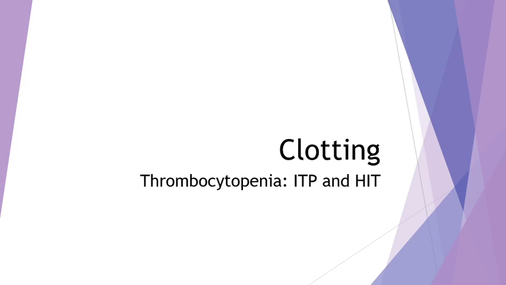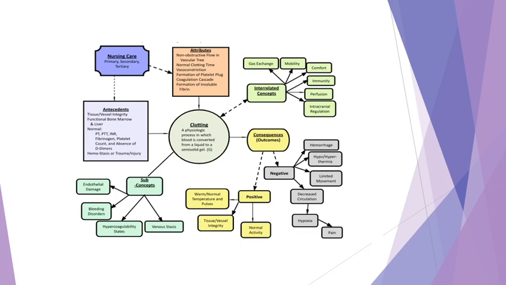So be sure and have your outlines ready so that you can take some notes as we go through our presentation here. So don't forget to look at the clotting concept analysis here: subcategories, positive and negative attributes, interrelated concepts. Fundamentally, this is what you need to think.